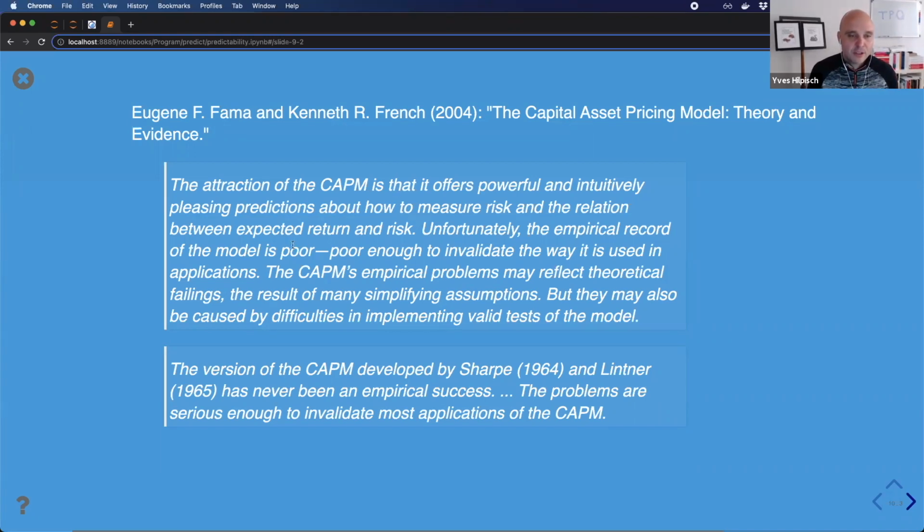Unfortunately, the empirical record of the model is poor enough to invalidate the way it is used in applications, right? Here, the version of the CAPM developed by Sharpe and Lintner has never been an empirical success. The problems are serious enough to invalidate most applications of the CAPM.